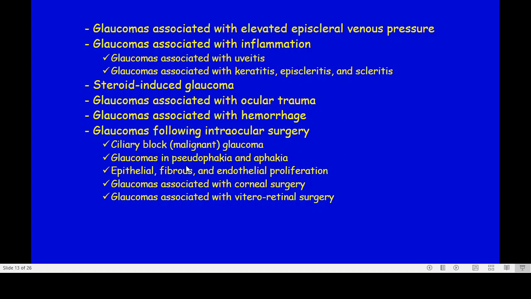It can be seen after trauma, or if there is hemorrhage in the eye because of trauma and diabetes and other diseases where hemorrhage can occur. It can lead to glaucoma. And last but not the least is glaucoma following intraocular surgeries. So any intraocular surgery in a predisposed individual can lead to malignant glaucoma. It can be because of pseudophakia or aphakia, and so many other surgeries that can lead to glaucoma.